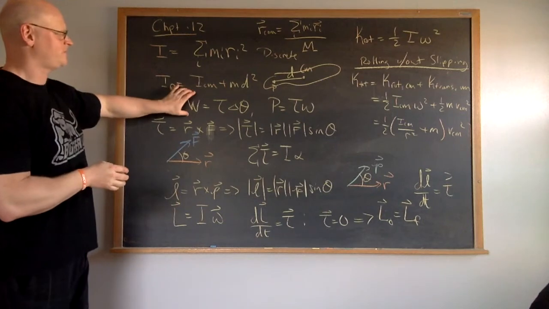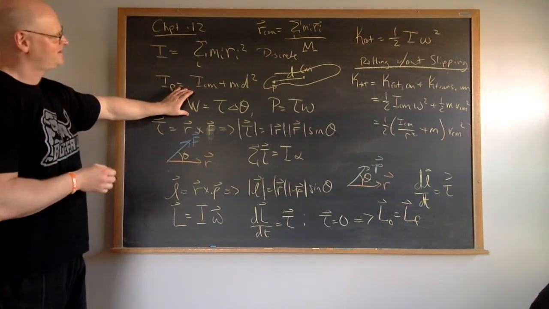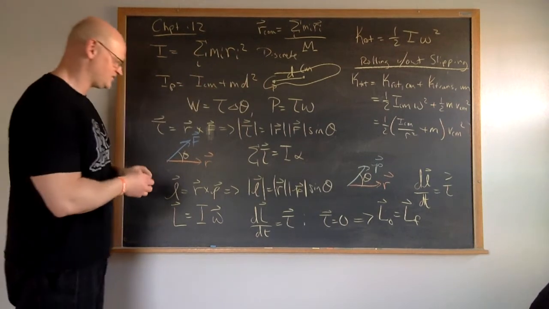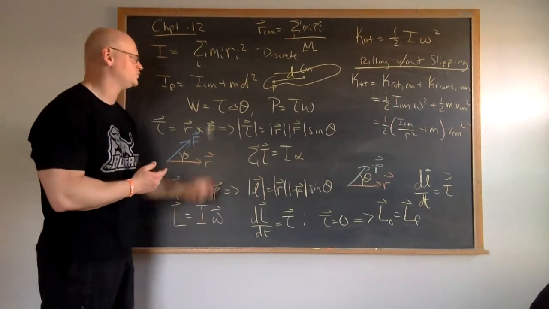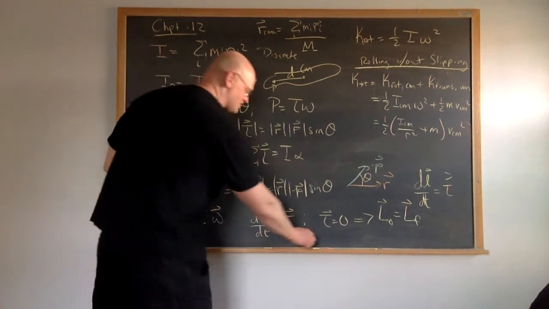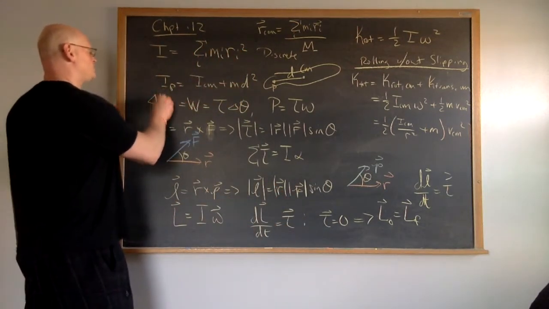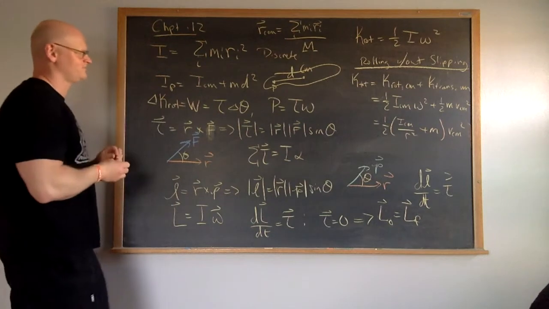So from here we can get work. So work then is equal to the torque times the change in angle. Again, this is only true if the torque is equal to a constant, which it may not be, which is also equal to the change in rotational kinetic energy.